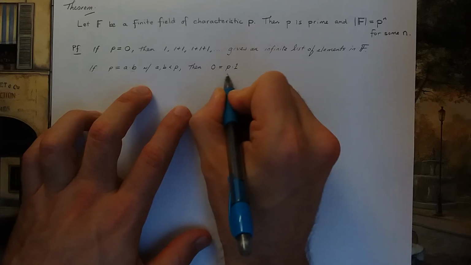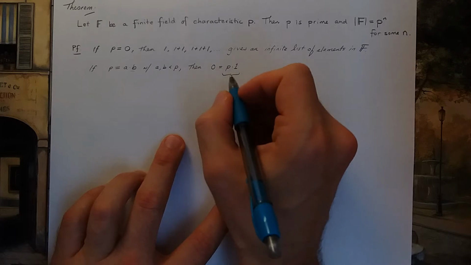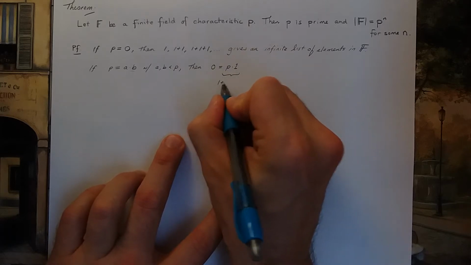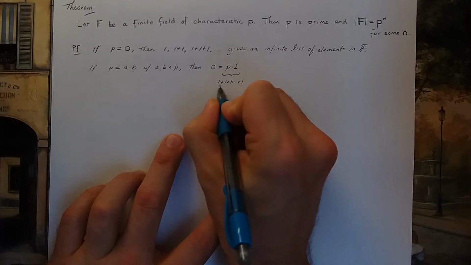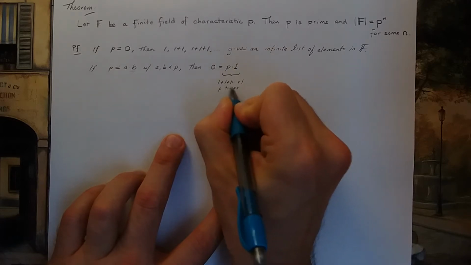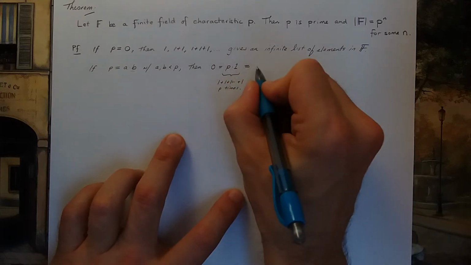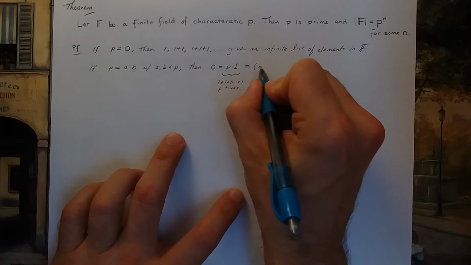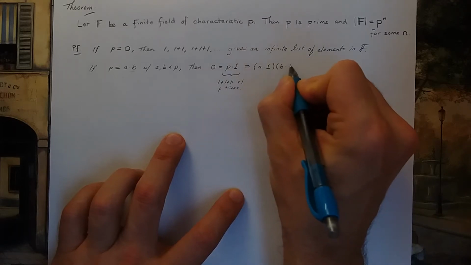And just to be clear, this notation is what I'm going to use to abbreviate 1 plus 1 plus 1 plus 1, p times. So this is the same as a times 1 times b times 1.